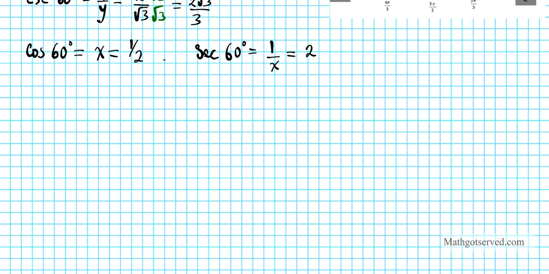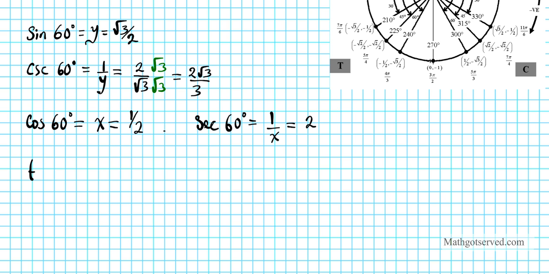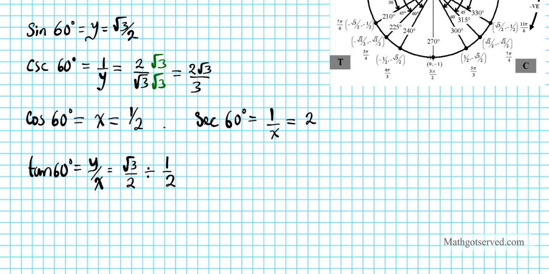All right, let's move on to tan 60 degrees. Tan is y over x, if you consult your unit circle ratios. So we're going to do root 3 over 2, which is y, divided by 1/2. I wrote it horizontally because a fraction over a fraction is a little hard to work with.